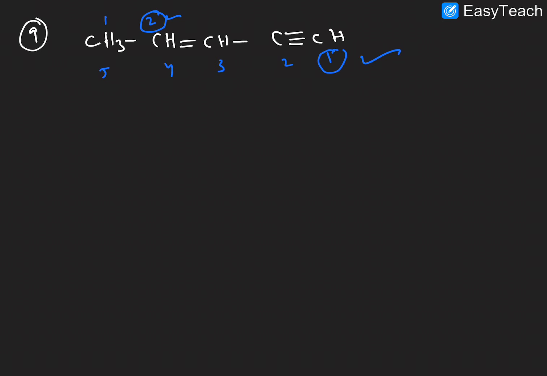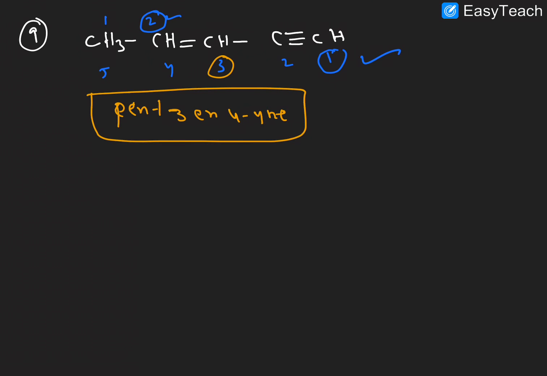Now how many carbons are there? In total 5 carbons, that is pent. The second position is the substituent according to the alphabet, and the third position has the triple bond, so 3-yne replaced by, as we already know, 4-yne. So this is the IUPAC name of this compound.